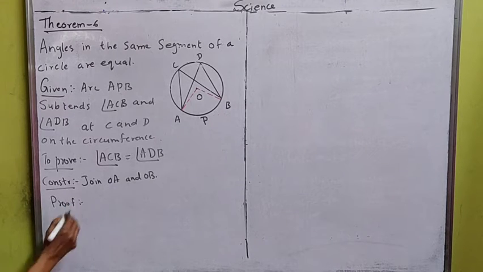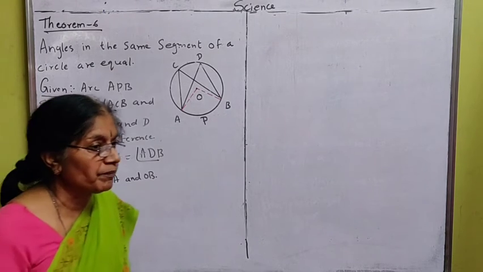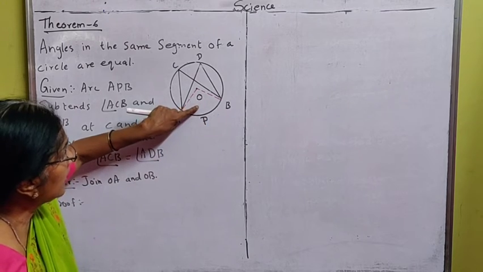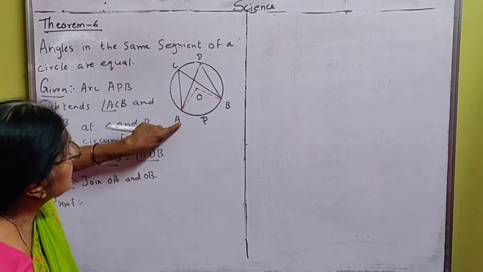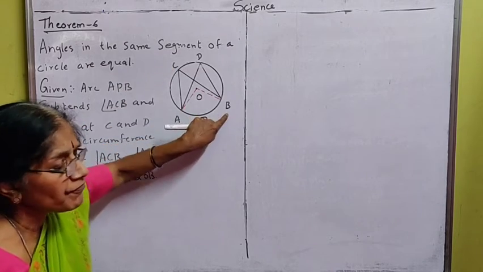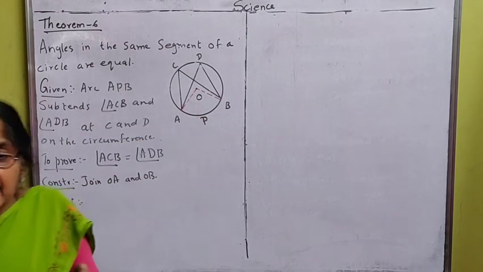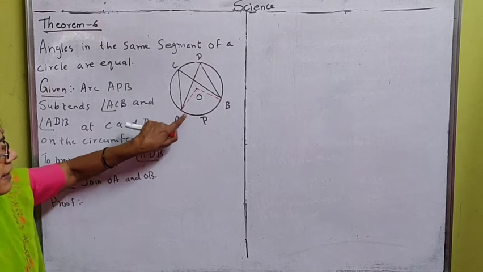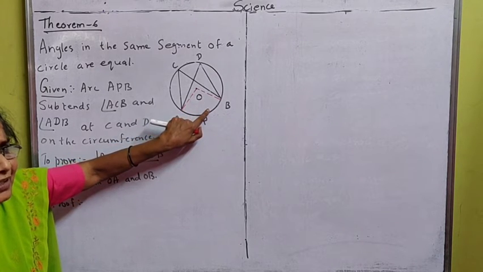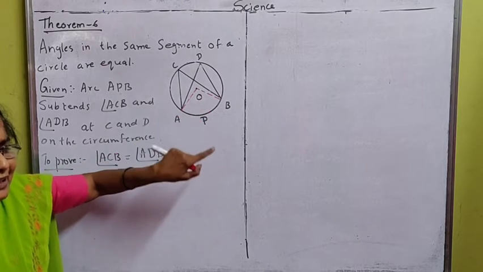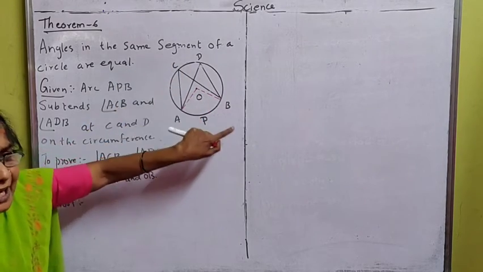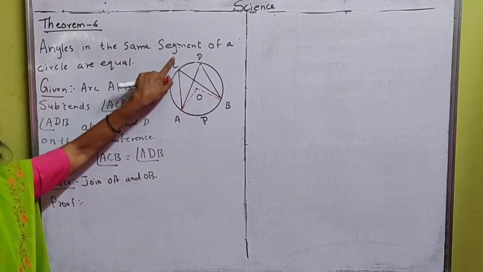Now let us see the proof. In theorem 5 we saw that if an arc subtends an angle at the center and an angle on the circumference, there is a relation. The angle subtended at the center by the arc is equal to twice the angle subtended by the same arc on the circumference.